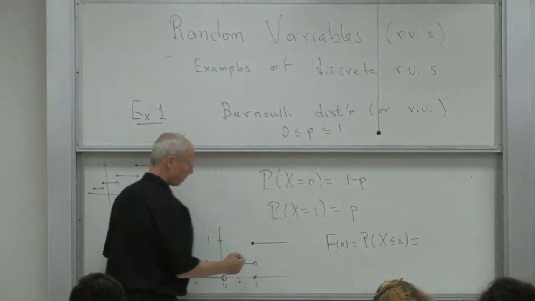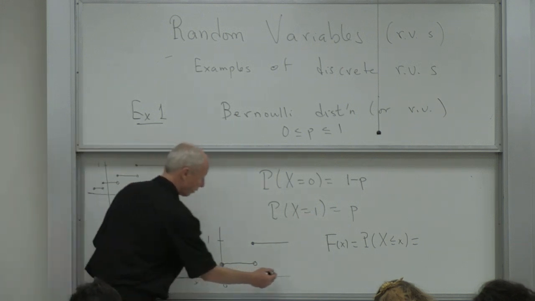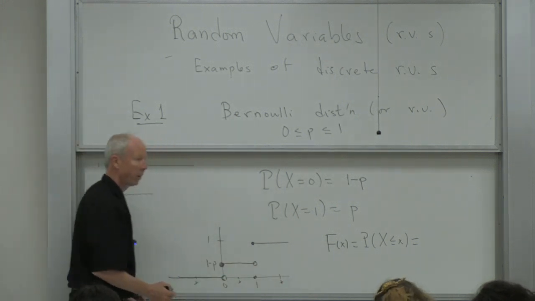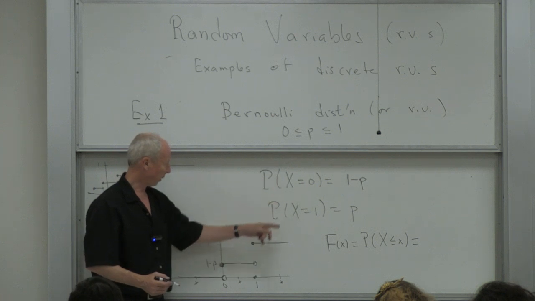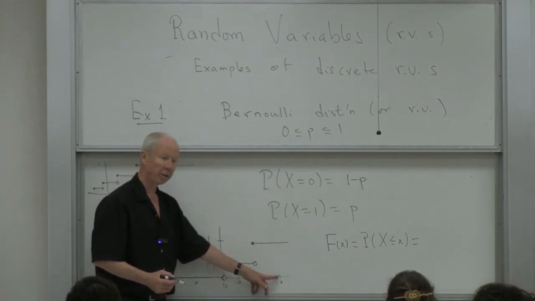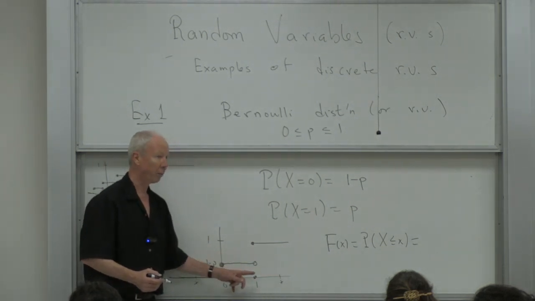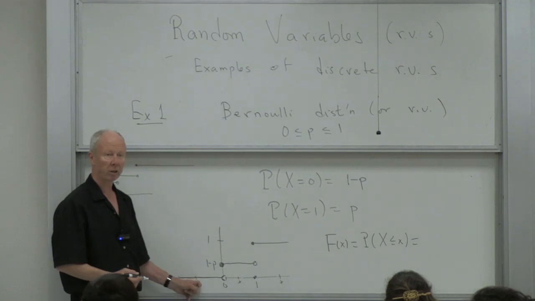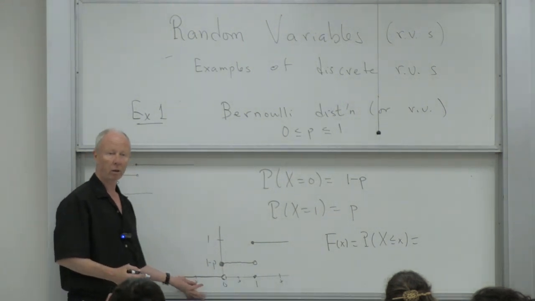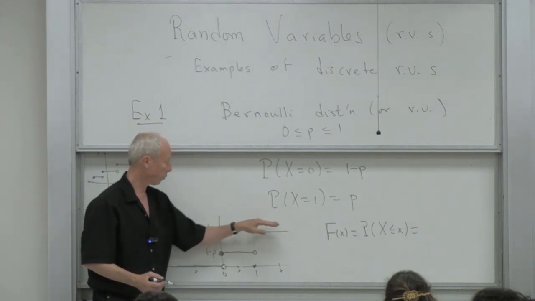Okay? Because think of having the little x over here now. What's the probability that the random variable capital X with this prescription is smaller than this value? Well, the probability that capital X is less than or equal to this is 1, because what are the two values it could have? 0 or 1, and they're both less than this, right? So the value of the distribution function is 1 from then on.